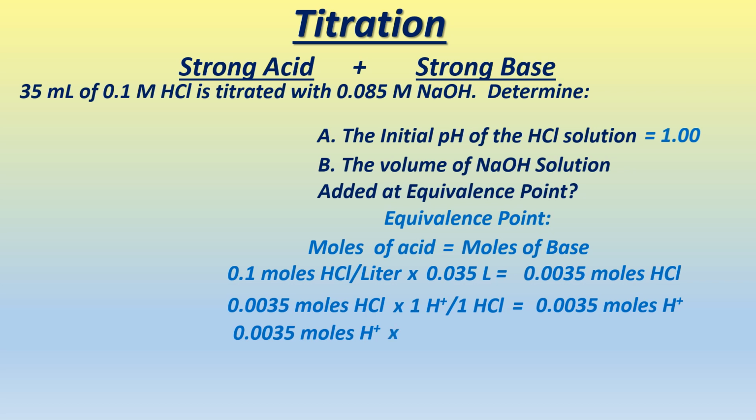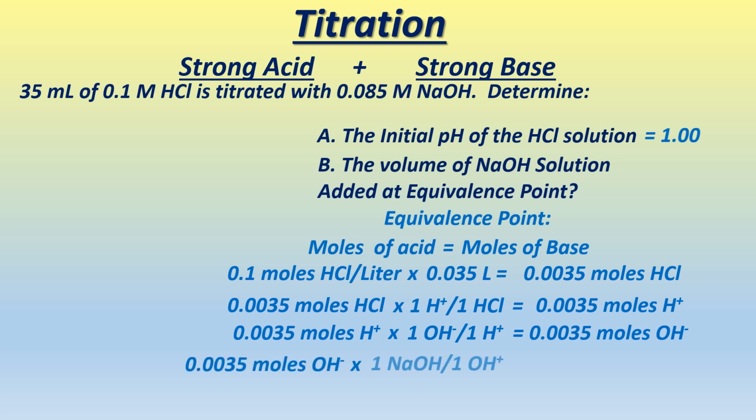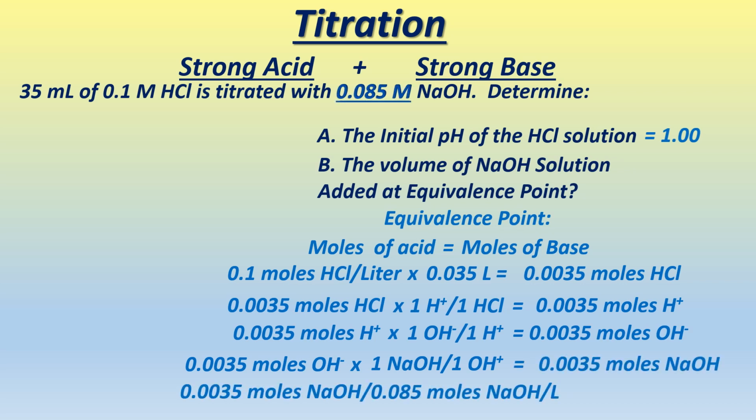One acid reacts with one base, which would mean I would need 0.0035 moles of hydroxide. On a 1-to-1 relationship with sodium hydroxide, I need 0.0035 moles of sodium hydroxide. And at 0.085 moles per liter, I would need 0.041 liters or 41 milliliters.